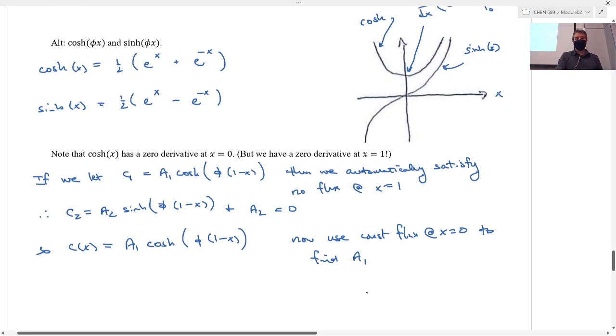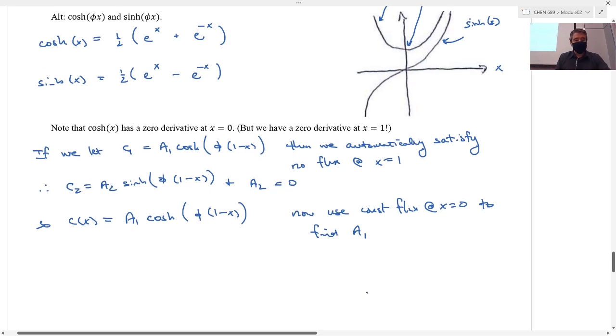Okay, so let's take the derivative here, right? So dc/dx is equal to minus A1 times phi times hyperbolic sine of phi times (1 minus x).